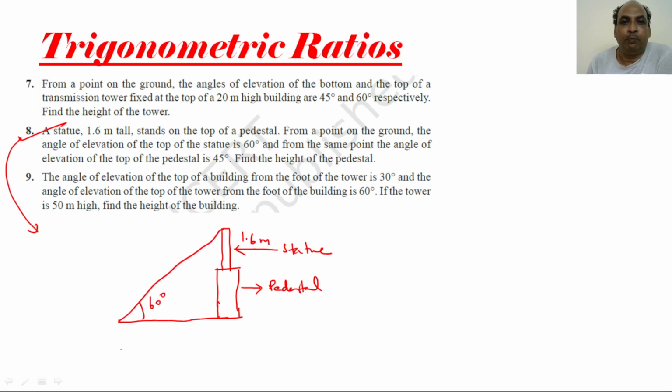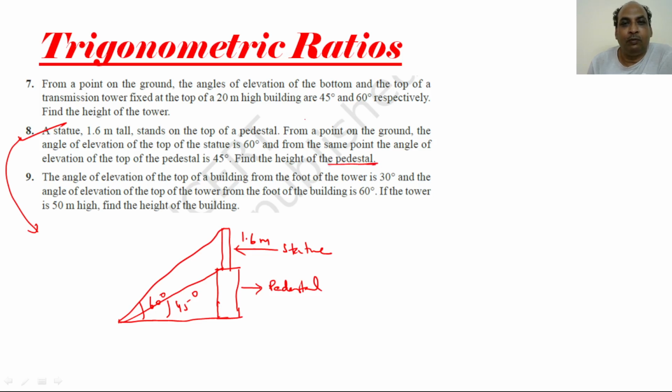And from the same point, the angle of elevation of the top of the pedestal is 45 degree. Same type of question it is, as we have done in question number 7. And find the height of the pedestal.